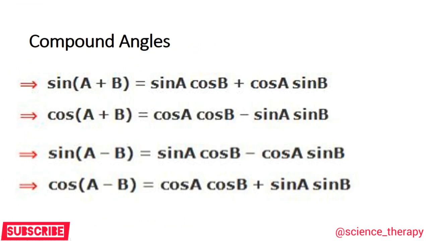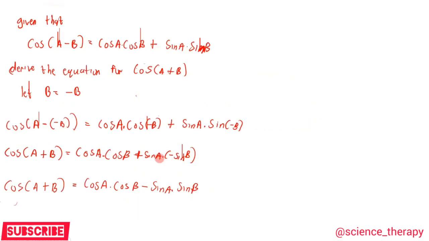Let's check it out. Look, this is cos(A minus B): cos A cos B plus sine A sine B. But we needed to take this one and form that one. So let's check. This is cos(A plus B). That gave us cos A cos B minus sine A sine B, which is exactly what we have here.